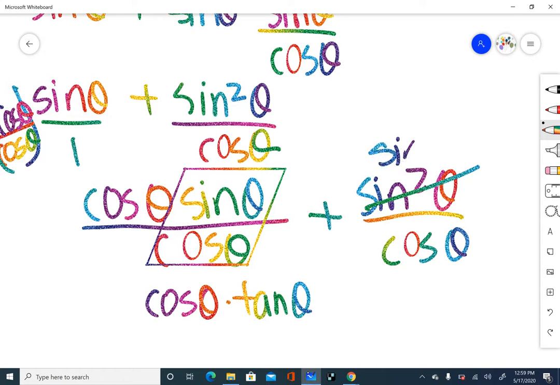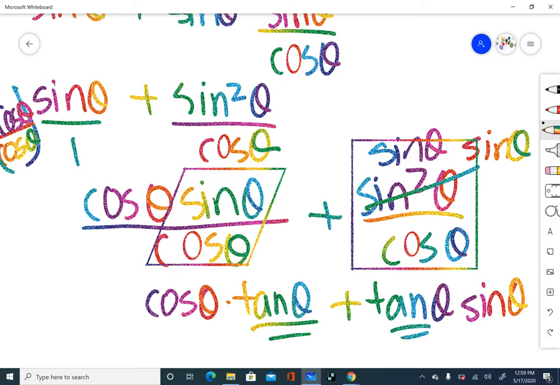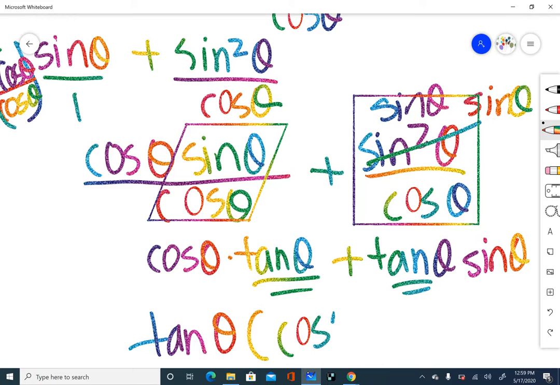So if I have two sines, I know this right here is tangent. So therefore, factor out a tangent. So tangent theta times cosine theta plus sine theta, even though it's not in the same exact order, but it's correct.